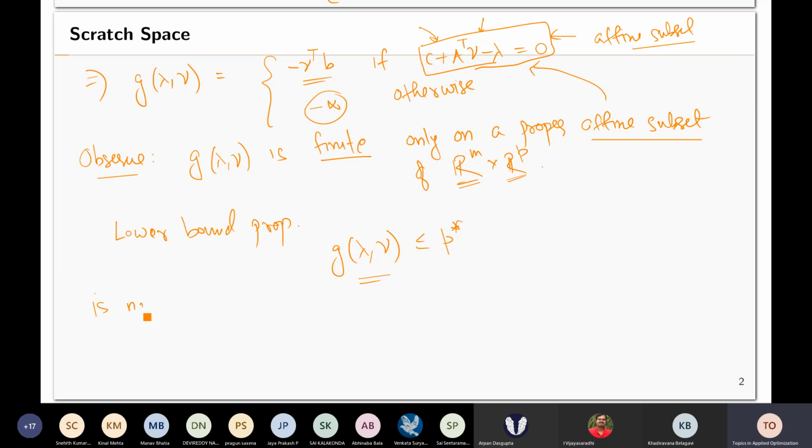It is non-trivial when lambda is greater than or equal to 0, which is always the case in the Lagrangian, and A transpose nu minus lambda plus c is equal to 0, which is this case.